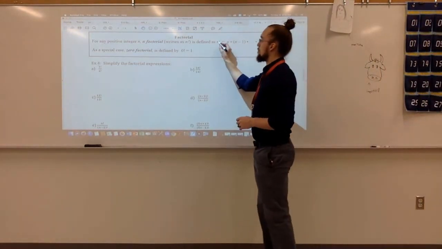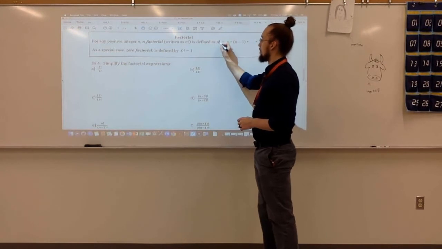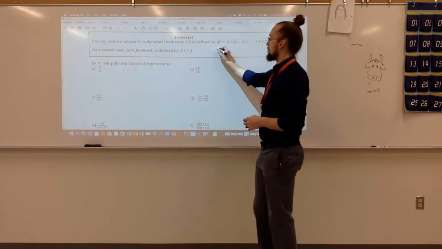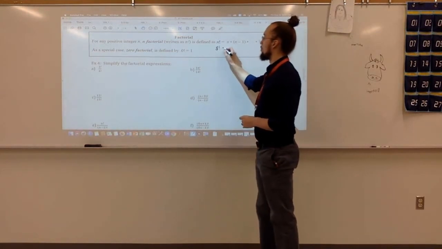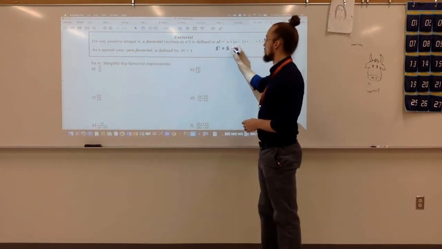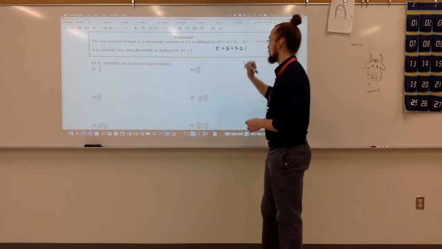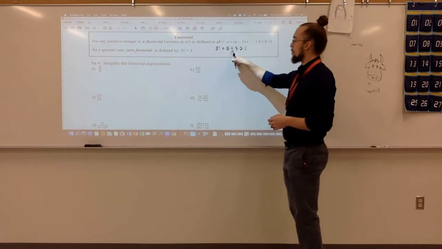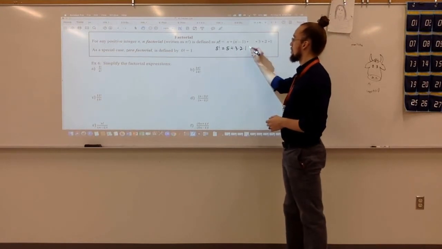So, the notation is some number and an exclamation point. For example, if I want 5 factorial, we define that as 5 times 4 times 3 times 2 times 1. So that would be 20, 60, 120.